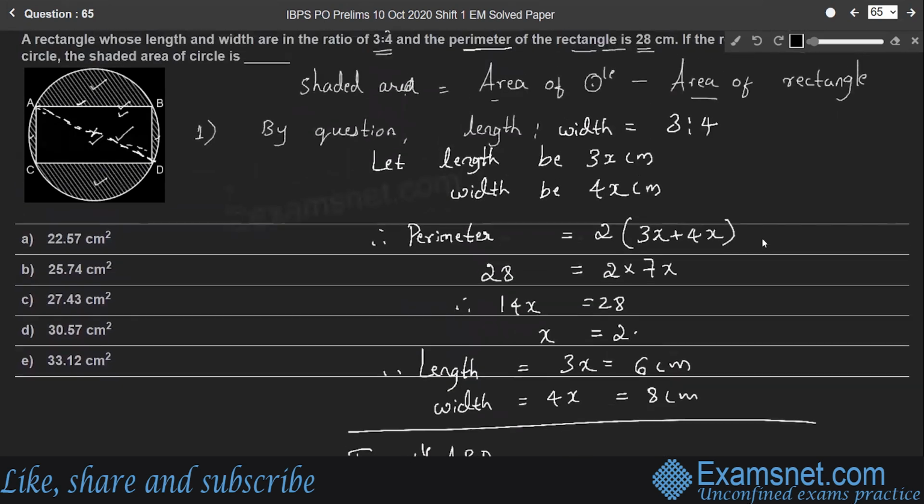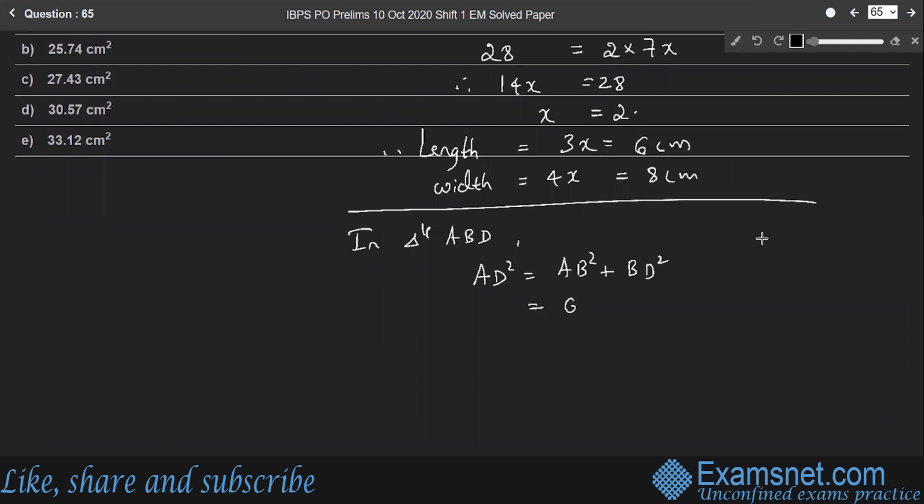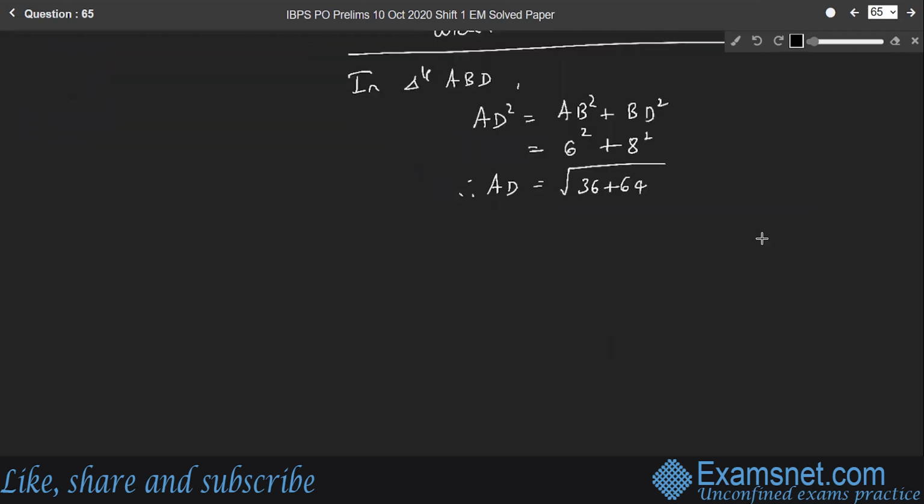What is AB? The length or width, anything you can consider. The length of the rectangle, which is 6 centimeter, 6 square, BD is 8 square. Therefore AD is equal to root of 6 square plus 8 square, so 6 square is 36, 8 square is 64, which is 100. Therefore, 10 centimeter is AD.